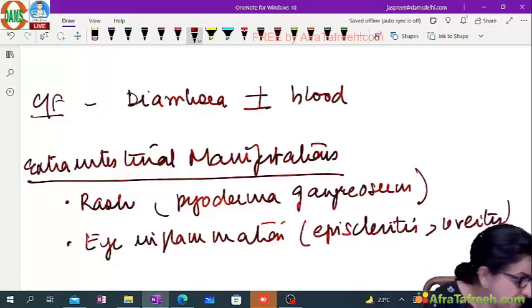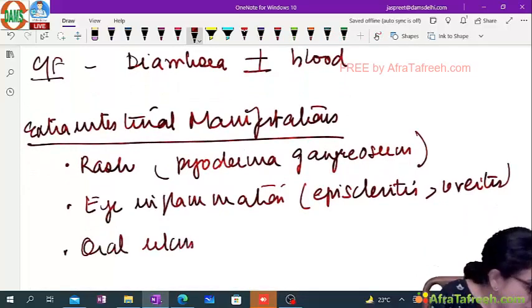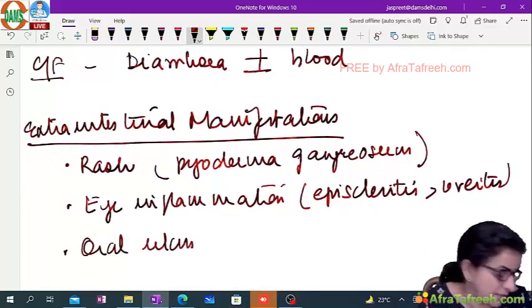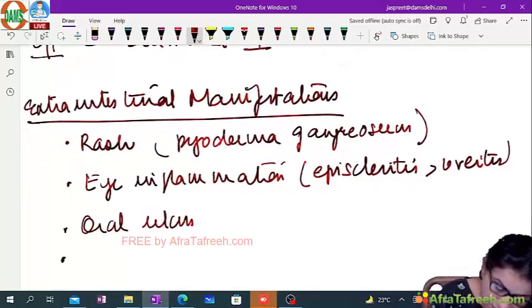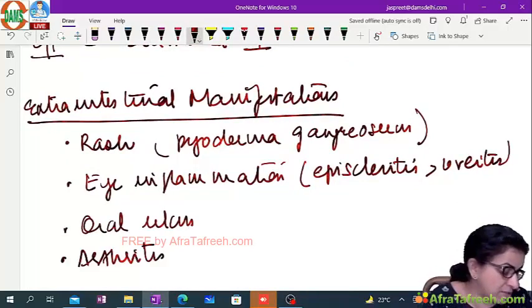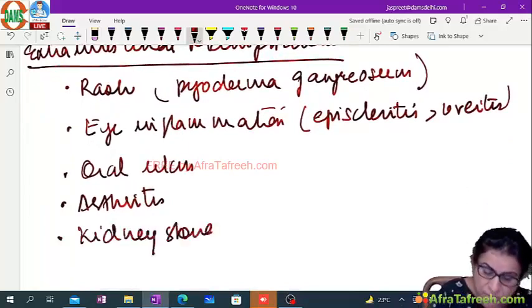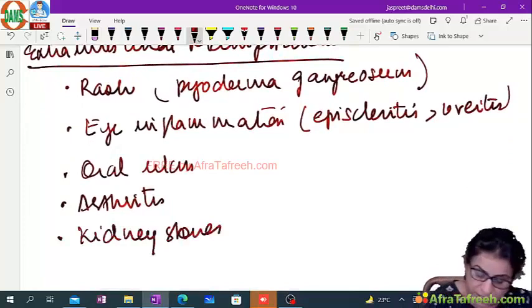Then they can also have oral ulcers, that is aphthous ulcers, and arthritis. And kidney stones, calcium oxalate containing kidney stones.